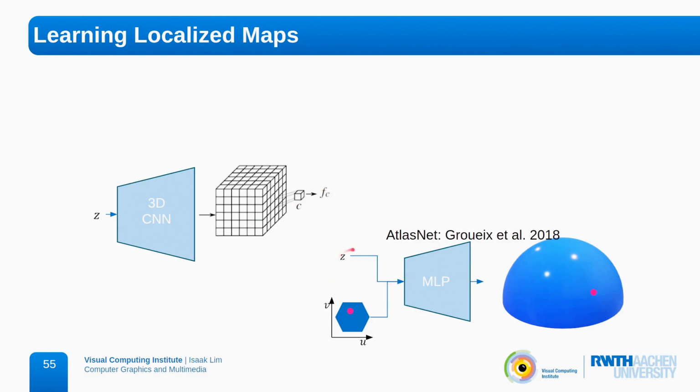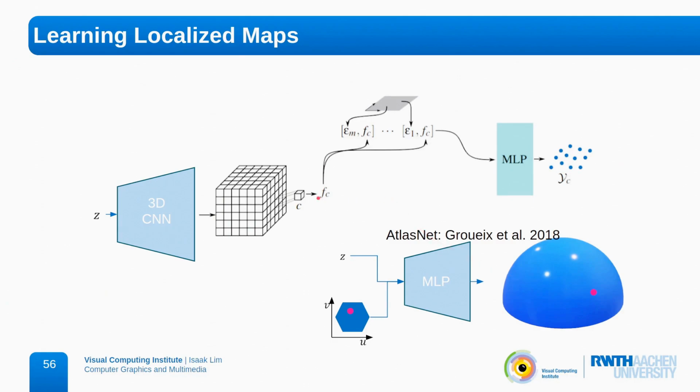Namely, we have some encoding Z of an input, and then we have a sampling of a 2D domain, and together, by combining these two inputs into an MLP, we map to a 3D position. They do this in a global manner, while we want to learn these types of maps locally for each cell that should contain a local point cloud patch.